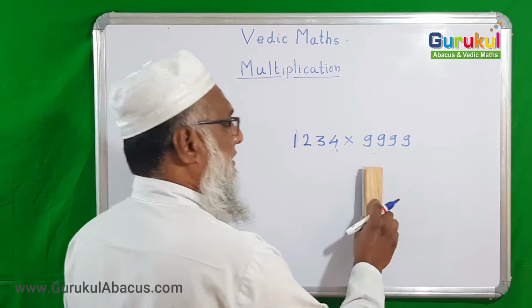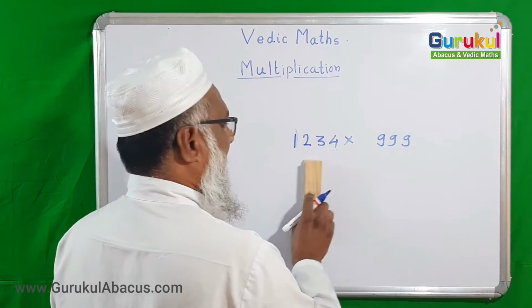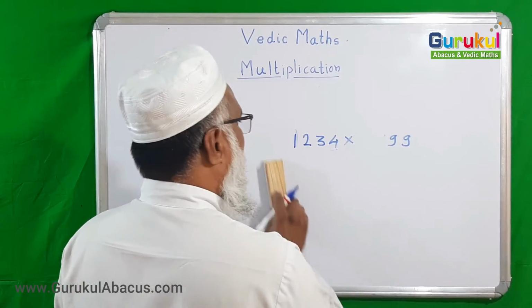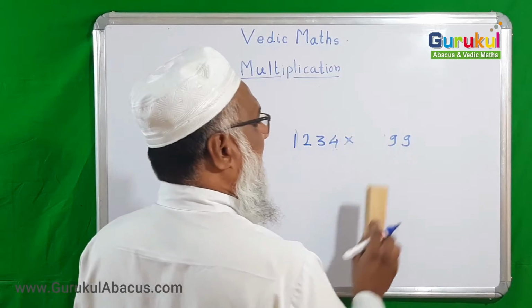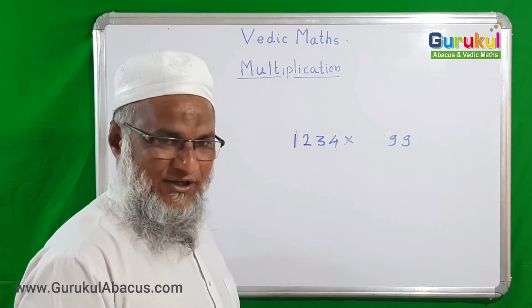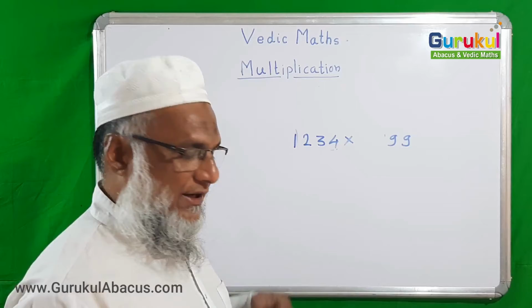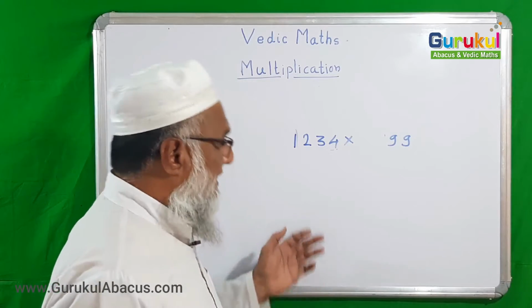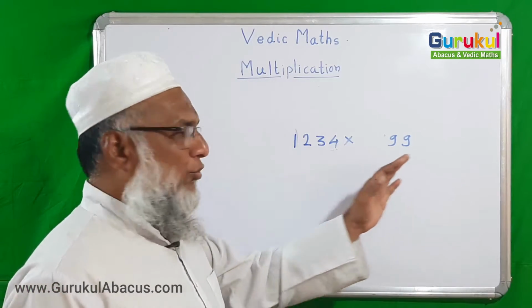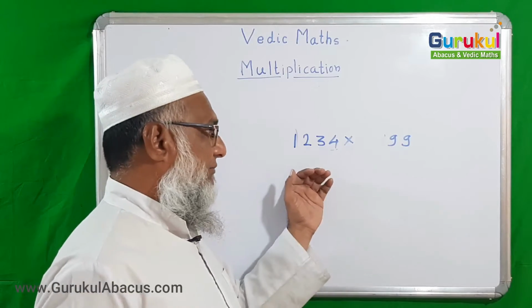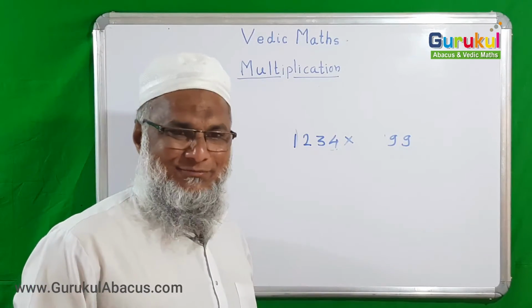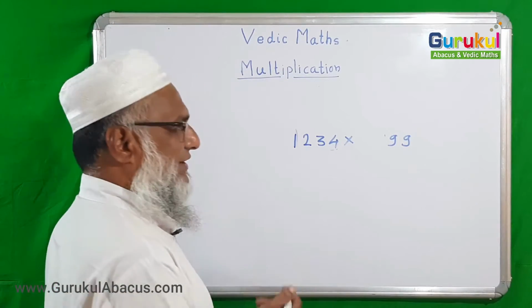Now here would be one different condition. Suppose in the greatest number there are fewer digits, and in the other number there are more digits than the greatest number.